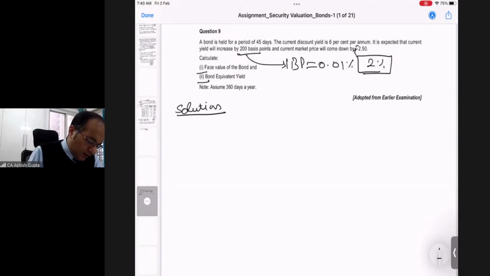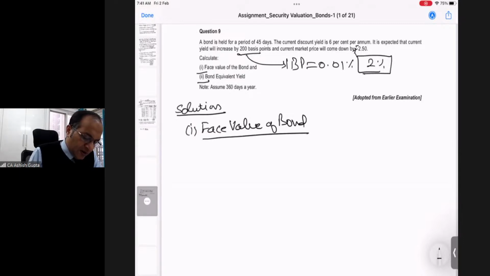Now, first of all, we compute the face value because the face value is missing. Here nothing has been mentioned about the face value. So first of all, we compute the face value that is required. It is the requirement of the question.